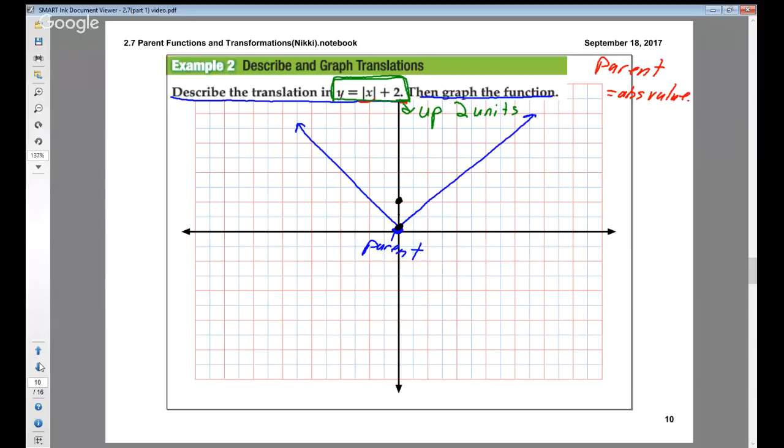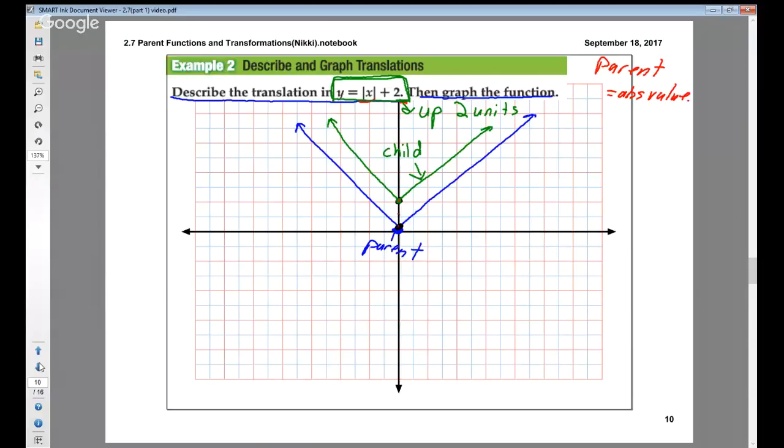We went up 2 units on the y-axis, and right at the point that we just drew, let's draw our V shape. And just like that, you have just graphed the child function, which shifted up 2 from the parent function.